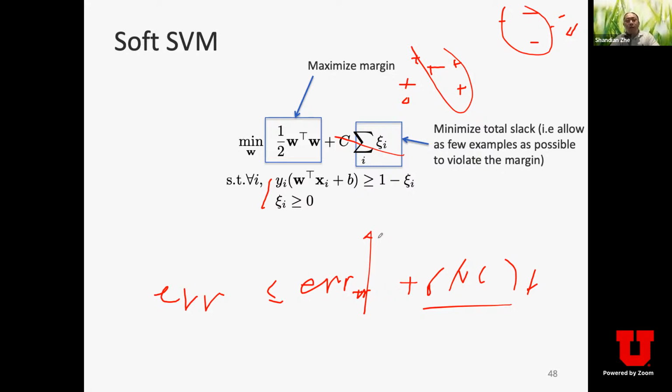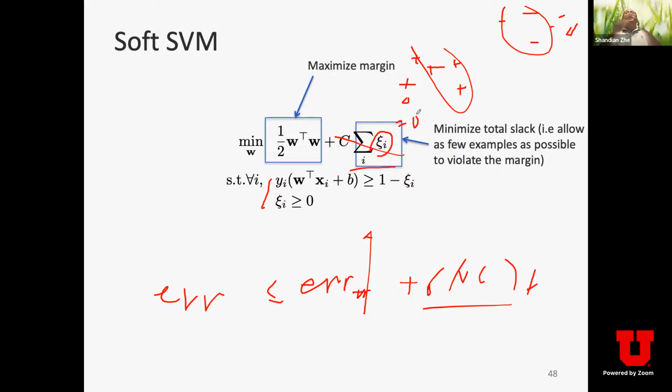That's why in our objective formulation, we still need to account for the summation of the slack variables. In the ideal case, consider that all your ξi are 0. That means all the examples are used to look for the margin, and none of them are allowed to break into the margin.